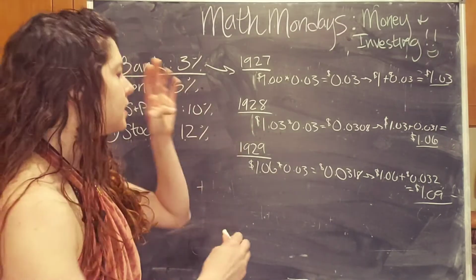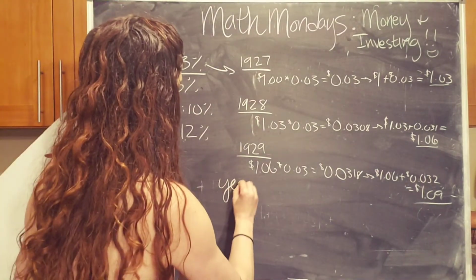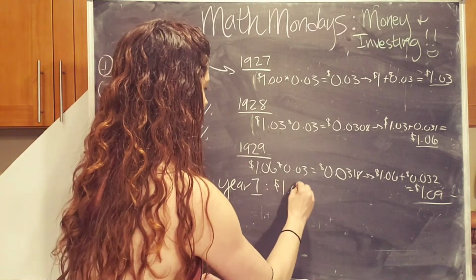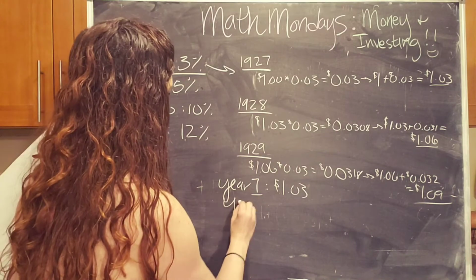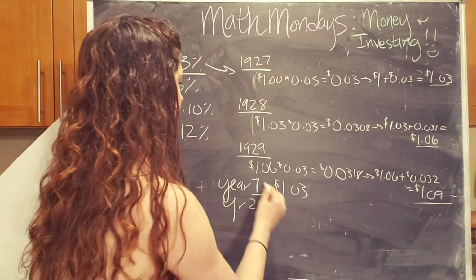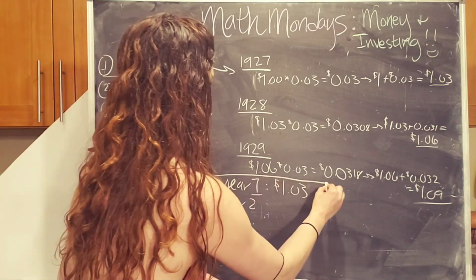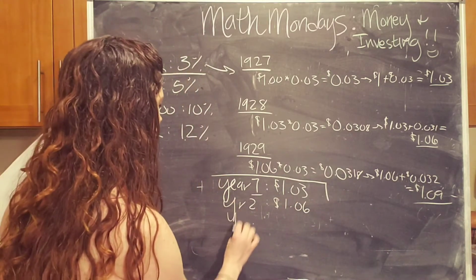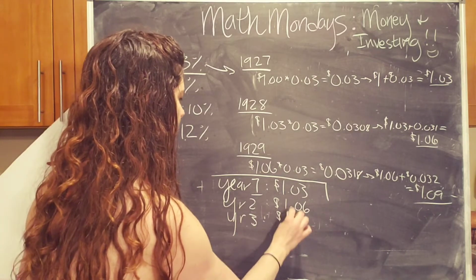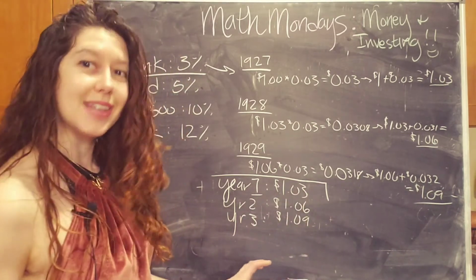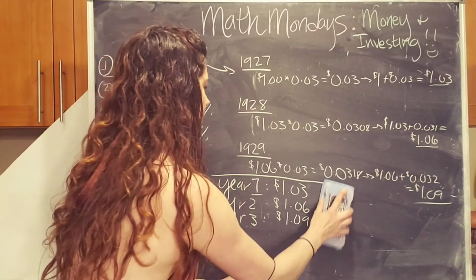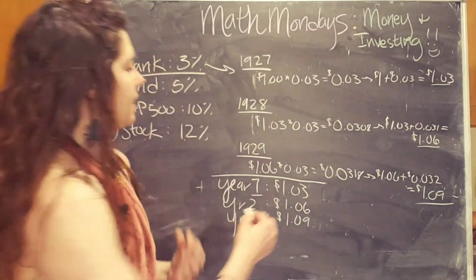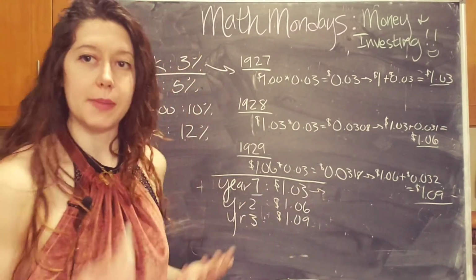Okay, so year 1, we end up with $1.03. Year 2, we end up with $1.06. And in year 3, we end up with $1.09. Okay, so since I've done a lot of mathematics, I know what types of patterns to look for.